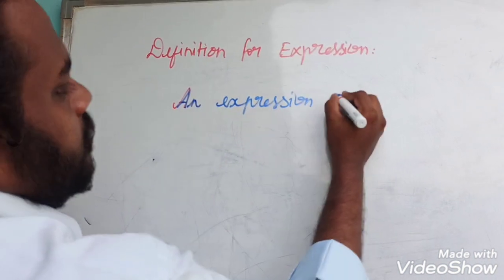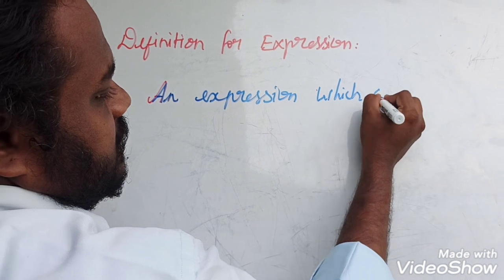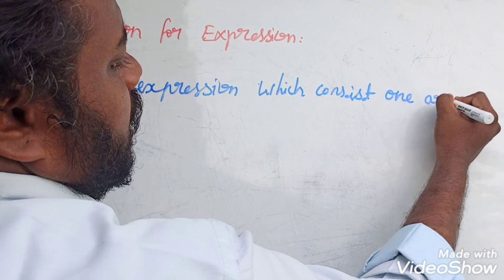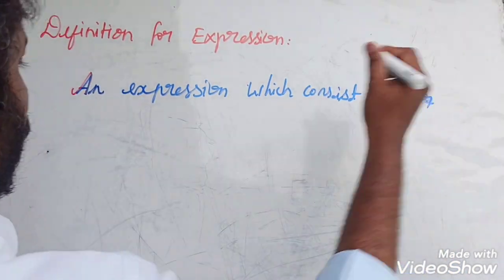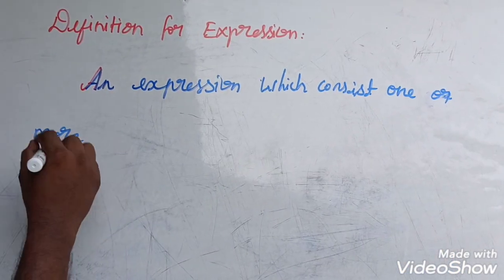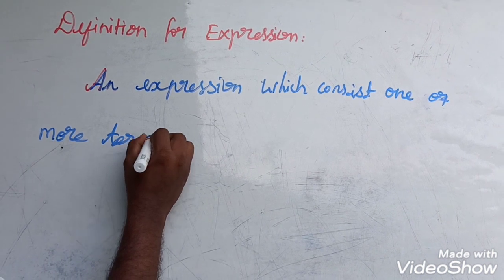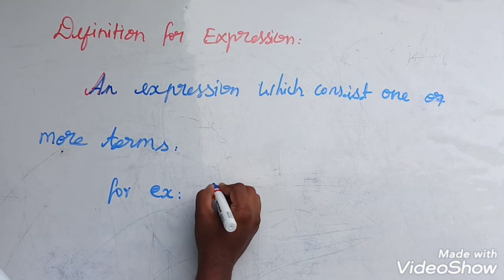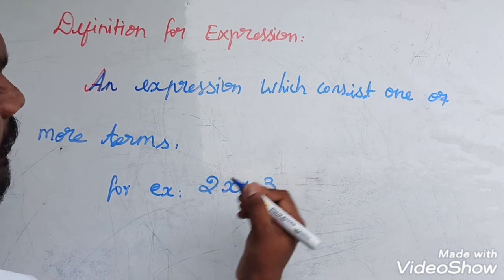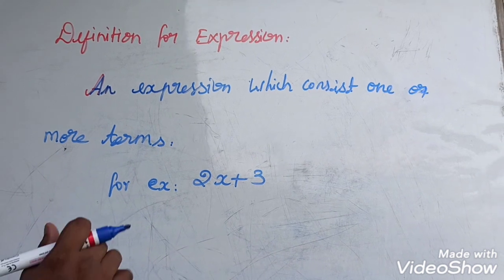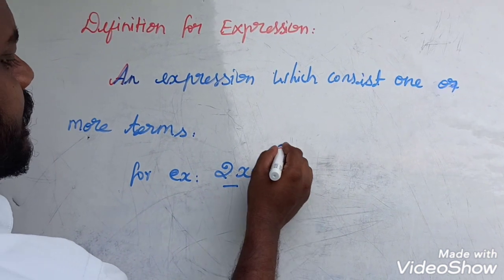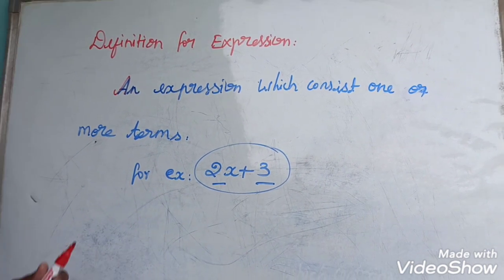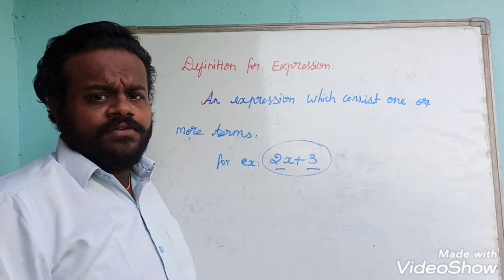For example, 2x plus 3. Here how many terms are there? 1, 2. So we say this is one of the expressions. And following this, we move on to the types of polynomial.